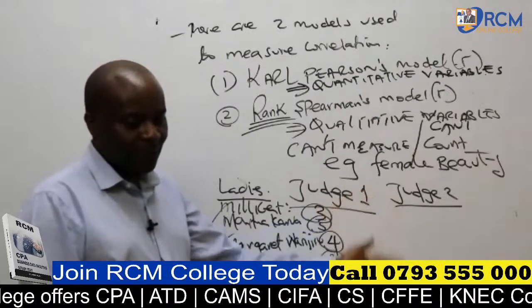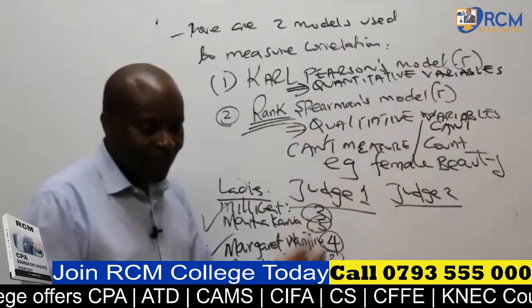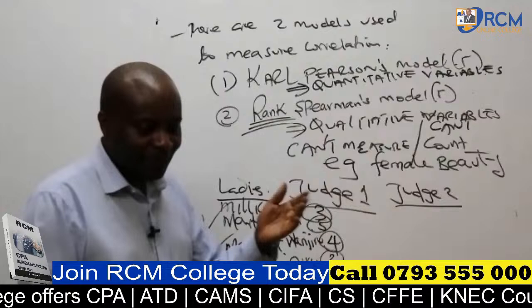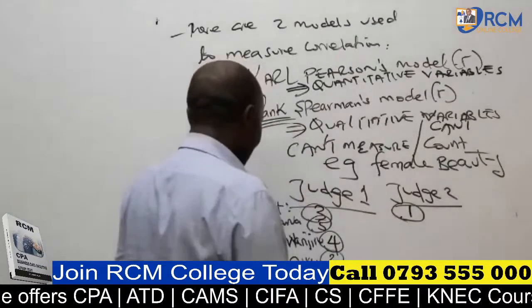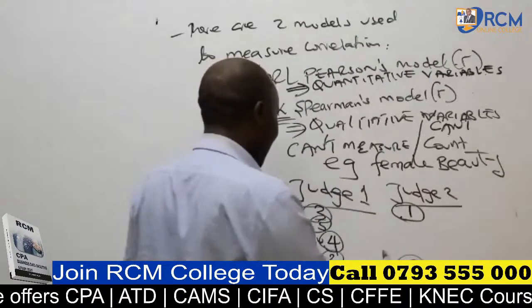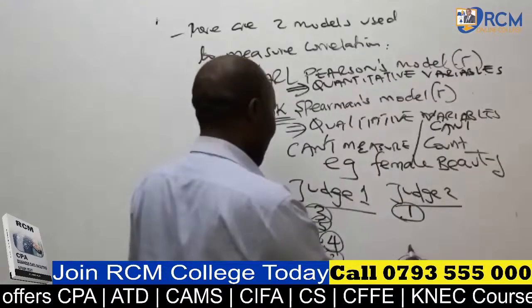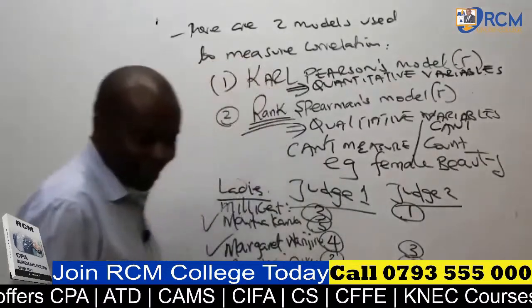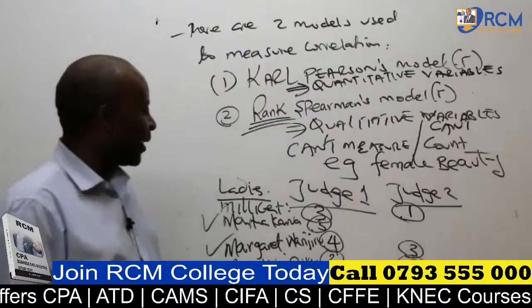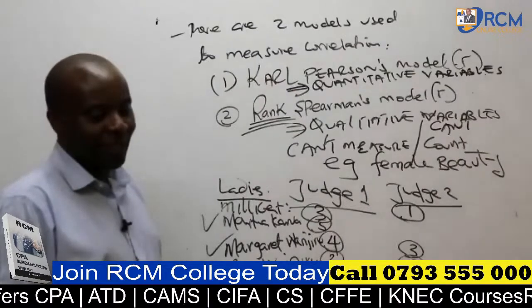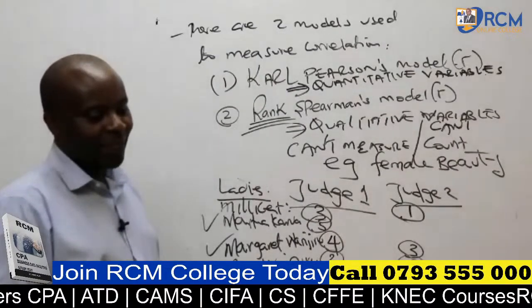So Brian, please give me your rankings very fast. Millicent number 1, Pasaris number 2, Waiguru number 3. Please give Karua the last star.